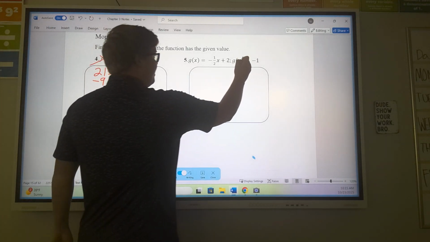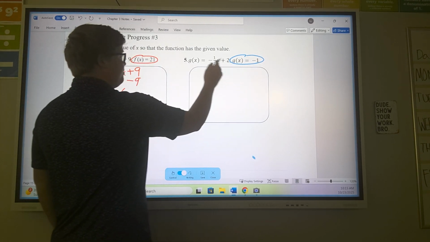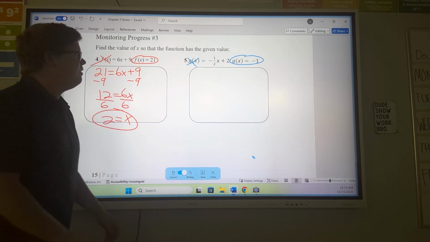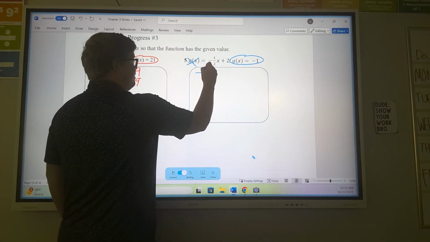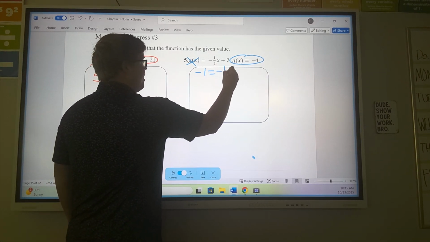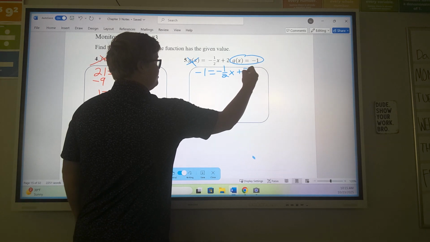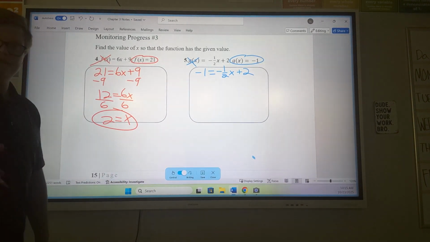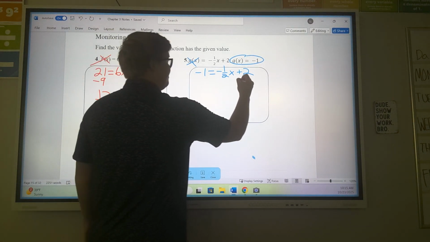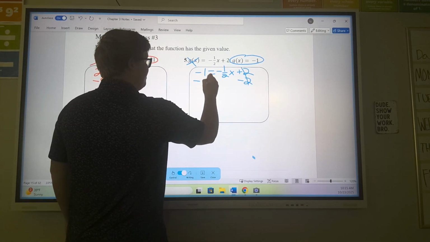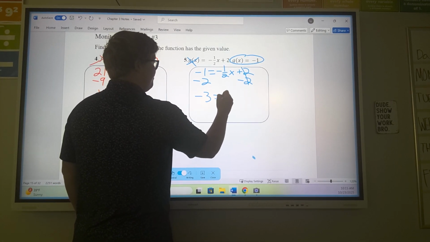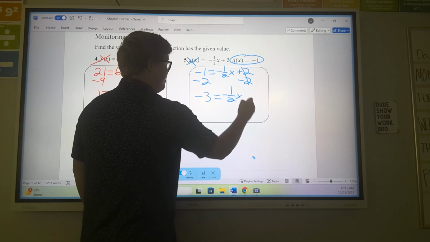We are putting a -1 in g of x's place, so we take g of x out, put -1 in. So -1 equals -1/2 x plus 2. First thing we have to do is subtract our 2. That gives us -3 equals -1/2 x.